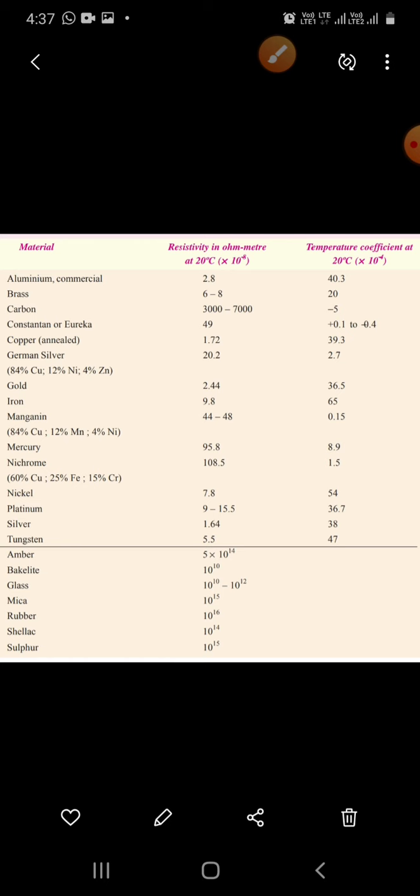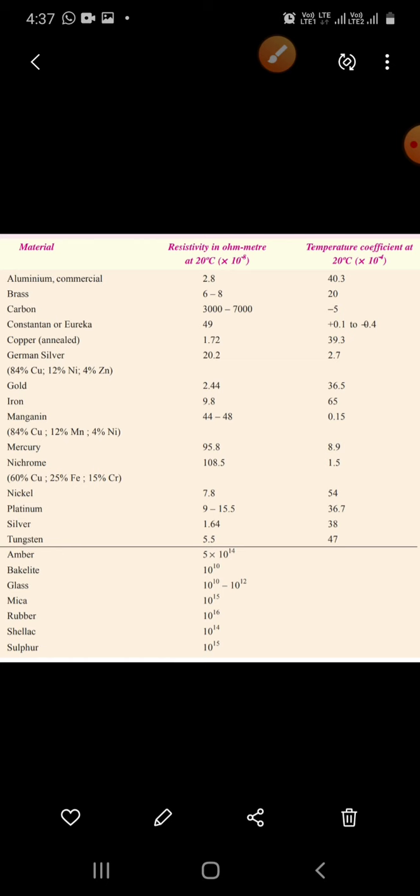Here you just see the materials which offer very high resistivity at 20 degrees centigrade. I have drawn a line in the table.